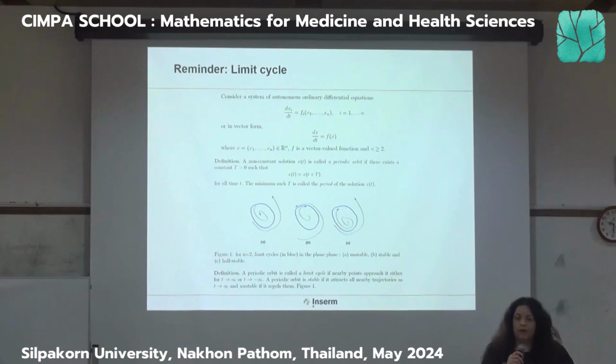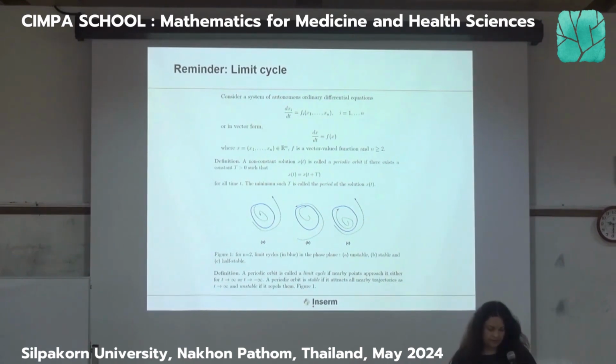And you can define an orbit as a solution x that would be periodic in the sense that x of t is equal to x of t plus capital T, where capital T is the minimum length that repeats itself. So that's the period.